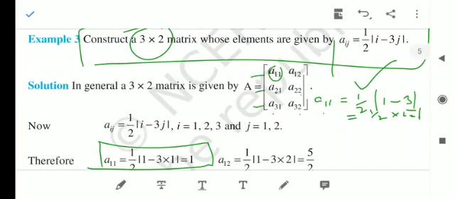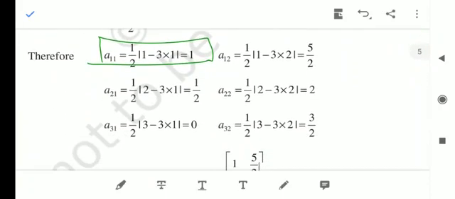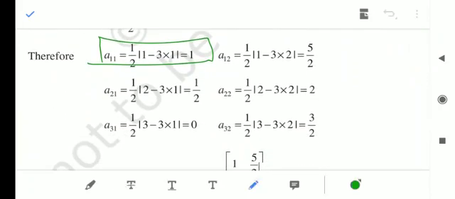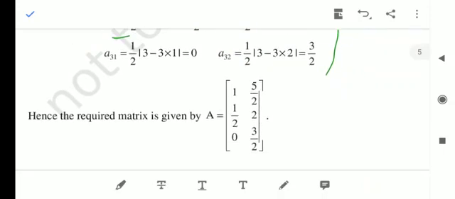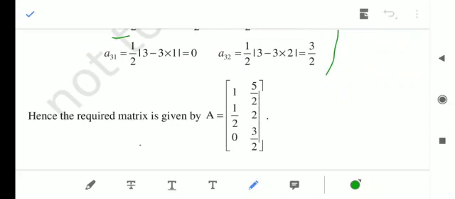In the same way, the other elements can also be obtained. In case of A12, the value of i is 1 and the value of j is 2, so 1 by 2 modulus of (1 minus 3 into 2), 1 minus 6, so 1 minus 6 is minus 5, modulus is 5, so 5 by 2. In this way all the elements can be calculated, and the respective element is placed in its position in the matrix and we get the desired matrix.